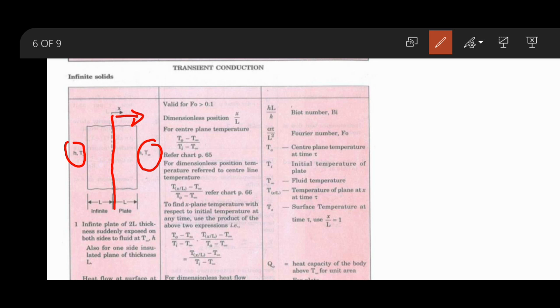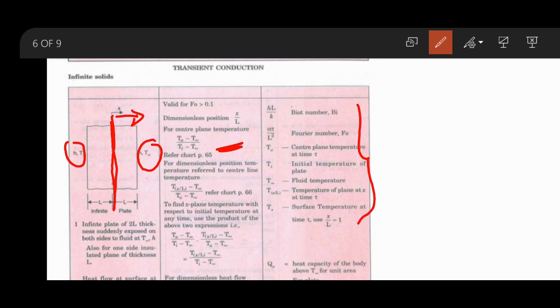The first relation which we need to look at is for the center plane temperature, that is, the temperature at the center. We call it T0. In the third column you have all the notations and their abbreviations, so you can go through that. So T0 is the center plane temperature.